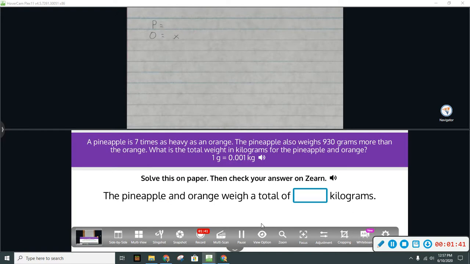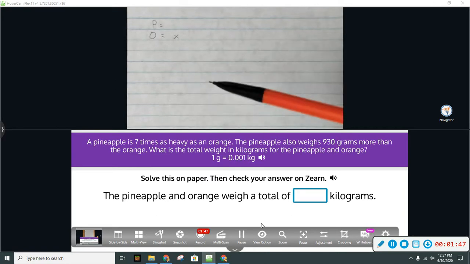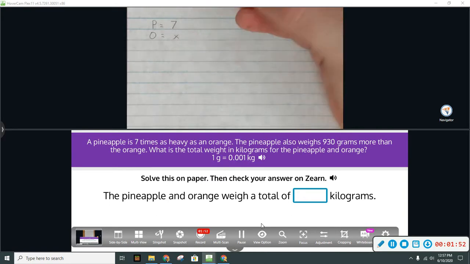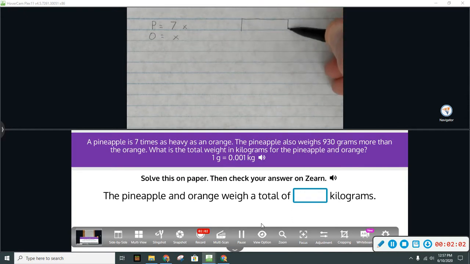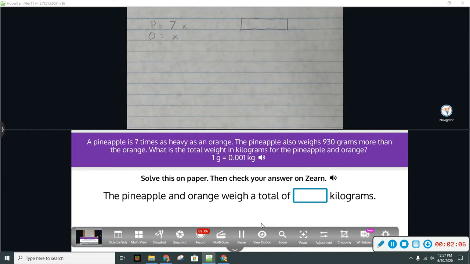And if this thing ever focuses, we'll continue. All right. Now, the pineapple is 7 times as heavy as the orange. So 7 times X. 7 X's, basically. And if that's not making a ton of sense, think about it this way. I'll draw a tape diagram. We'll say that this box represents the pineapple.